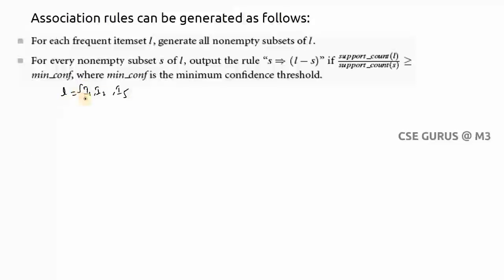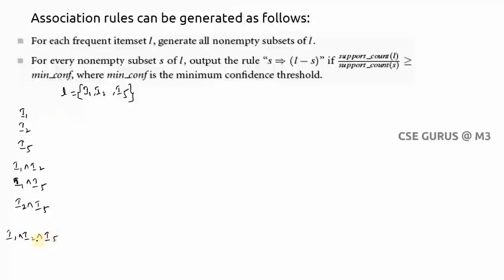If this is one set, all subsets I am writing here. The empty set we are not supposed to take. After that, I1 is one subset, I2 is another, I5 is another, then I1 and I2, then I1 and I5, then I2 and I5, then I1, I2 and I5.